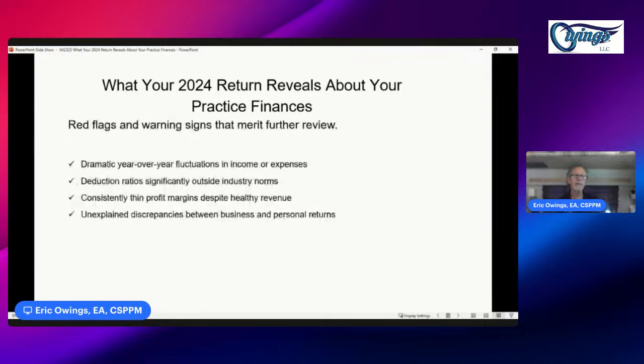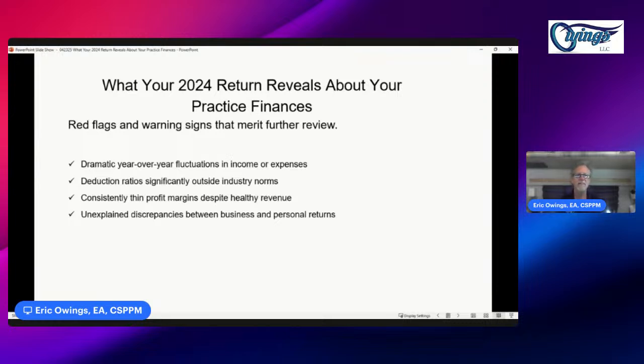So, red flags and warning signs: dramatic year-over-year fluctuations. If your margin graph looks like an oscilloscope, or like the crazy financial results that we're getting lately on the markets, that could be a danger sign, actually, unless you have the kind of practice where you have seasonal fluctuation in your revenues, of course.